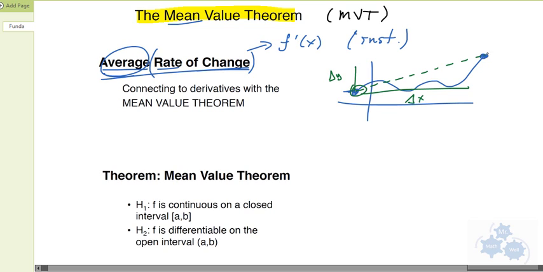So that's the average rate of change of y with respect to x. So what the mean value theorem is doing is connecting derivatives with average rate of change. So average rate of change and derivatives, we're combining them together. Okay.